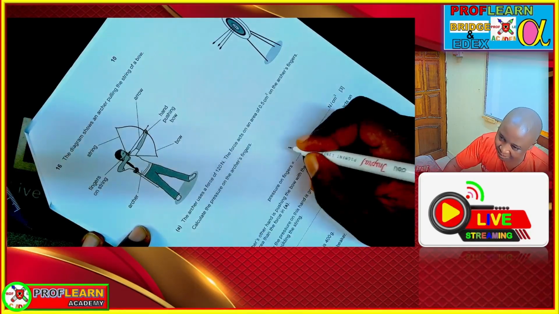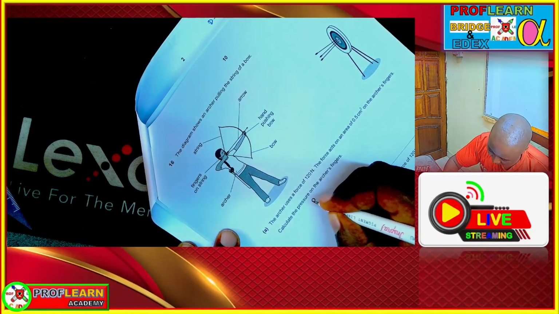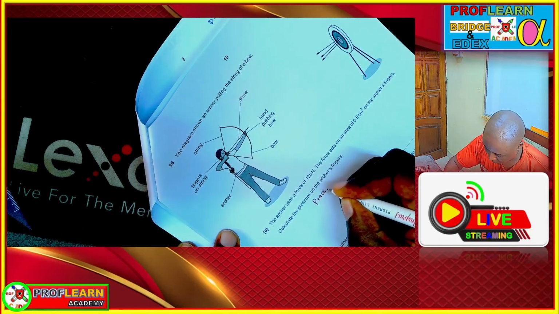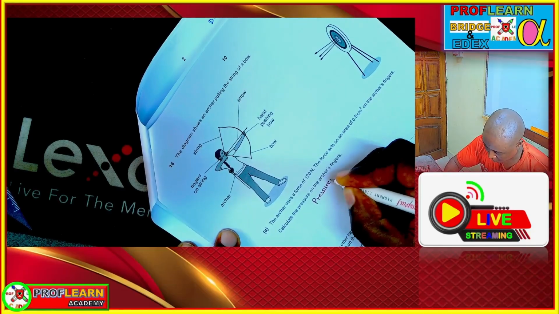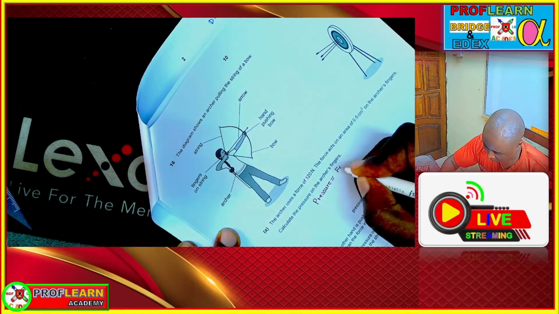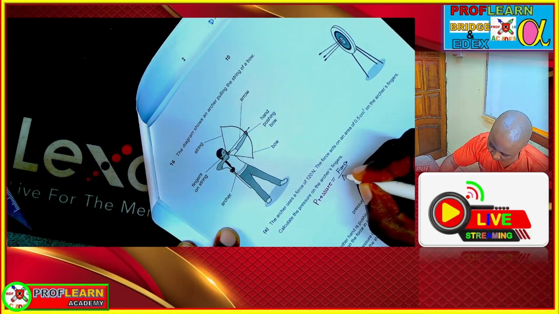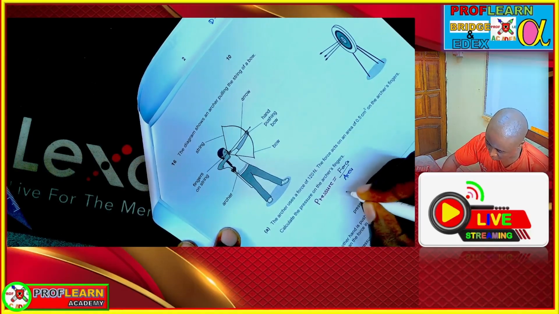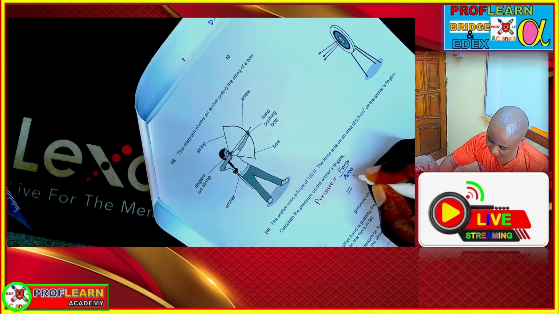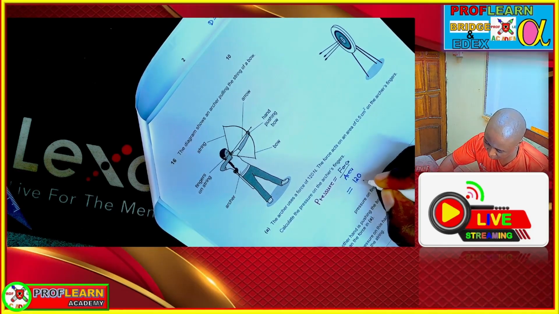We know pressure is equal to the force over area, which is going to translate to 120 newtons divided by the area.